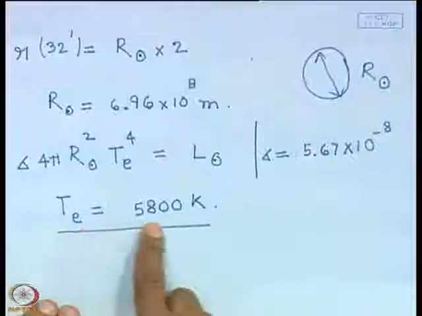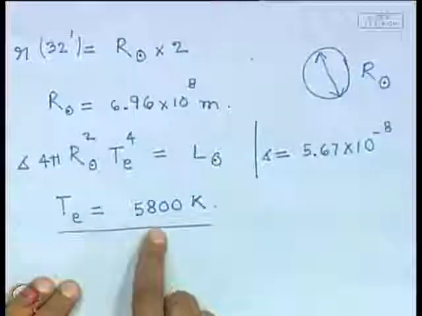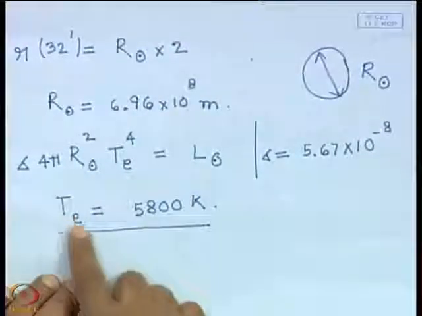So the actual X-ray radiation from the sun is far in excess of what you would expect from a black body spectrum with this temperature.